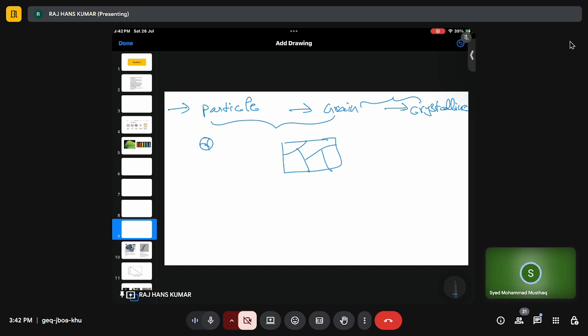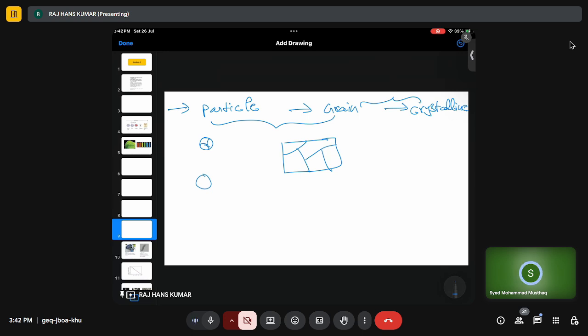Now if I am talking about nanoparticles, the nanoparticles will not have grains. Why? Because it is a single grain, right? If I am talking about a nanoparticle, it's just a collection of atoms. It will become itself a grain, right? So particle and grain depend upon what context you are using. It is not just straightforward.